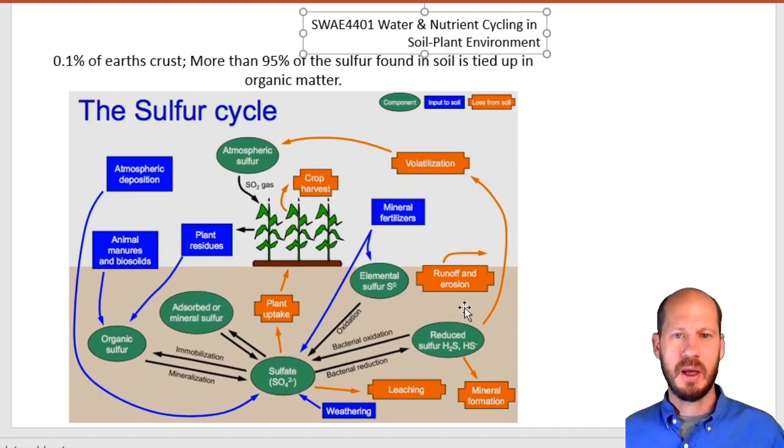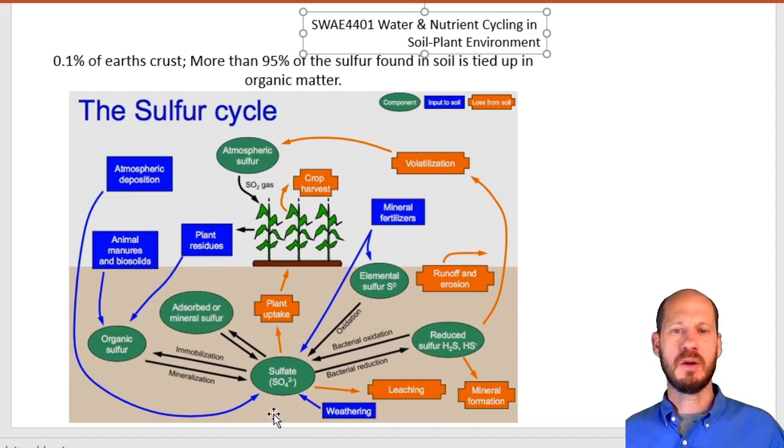Okay, so the main pool of sulfur in the soil is organic sulfur, and this is being immobilized by microbes and plants in organic molecules, and mineralized by the microbes into sulfate.